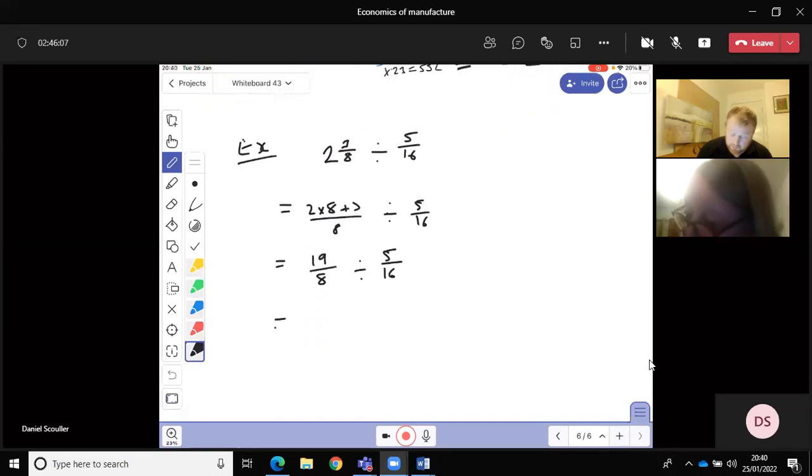Now the rule for division is we flip that second term and then change the sign in the middle. So we've got 19 over 8 multiplied by 16 over 5.